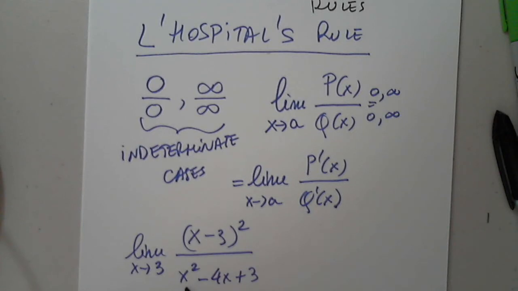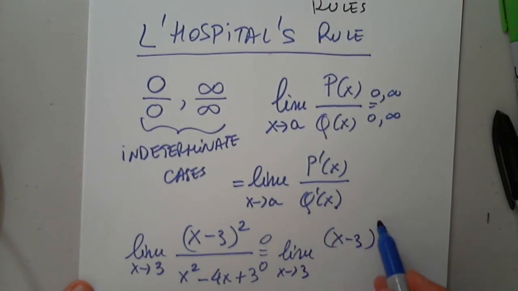Okay. You could say, well, when you plug in 3, you get 0 over 0. This is a simple situation. Obviously, I can factor the denominator, and you could.